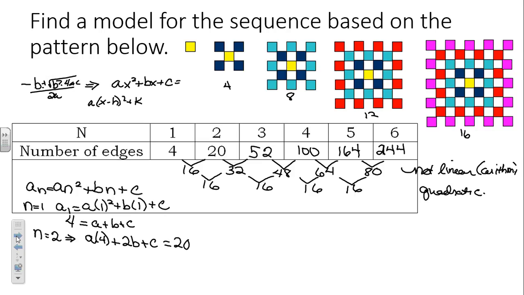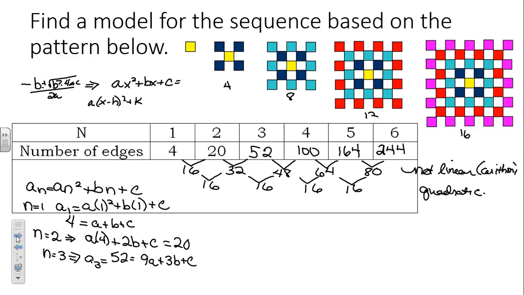And then finally, we're going to let n be 3. So a sub 3, or 52, will be equal to 3 squared times a, 3 times b, and c.